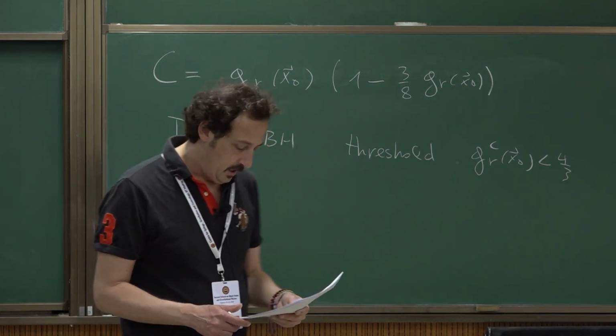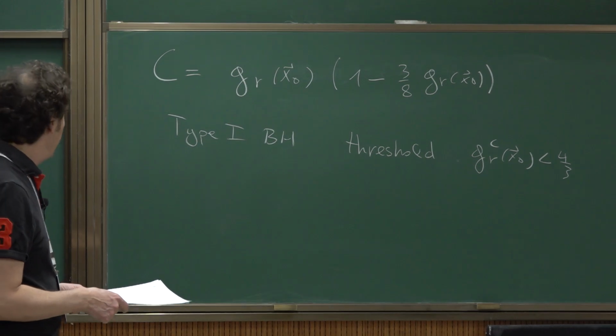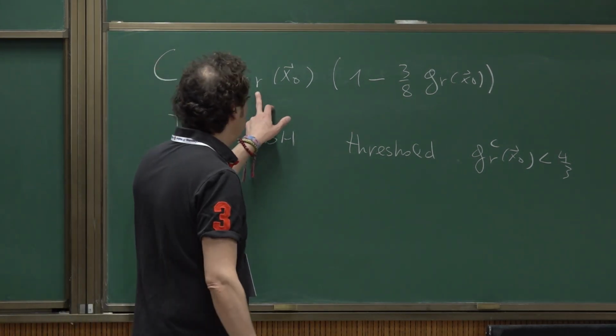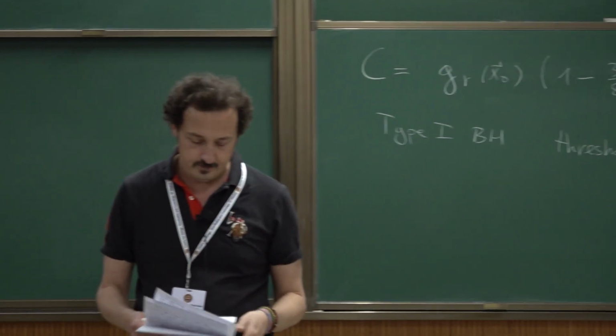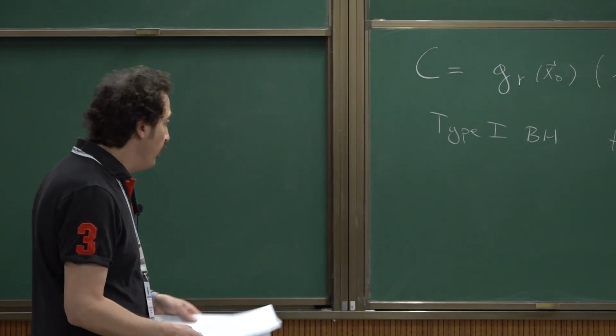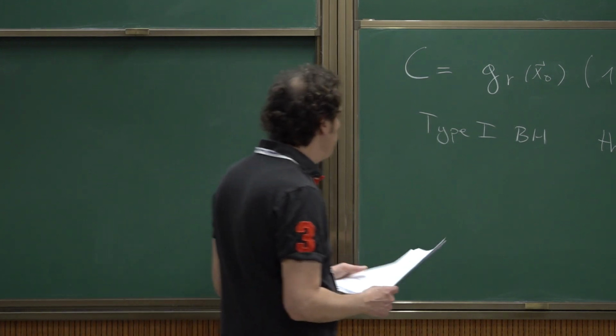So for any variable, for r and for x con 0, if we are in type 1 black hole, we can focus on G rather than focusing on C.